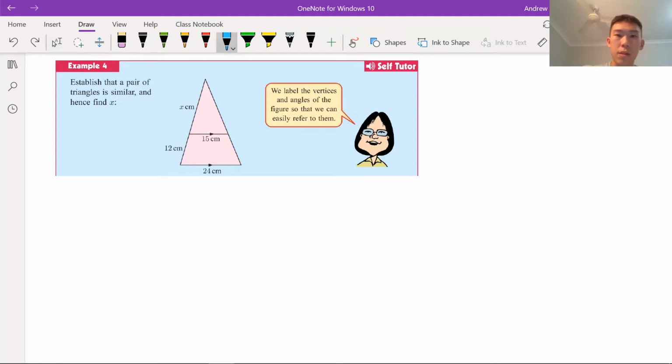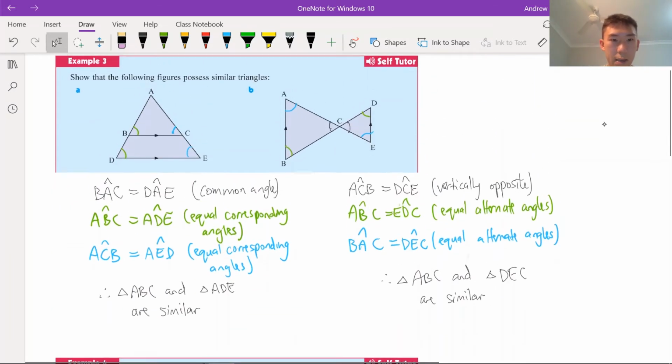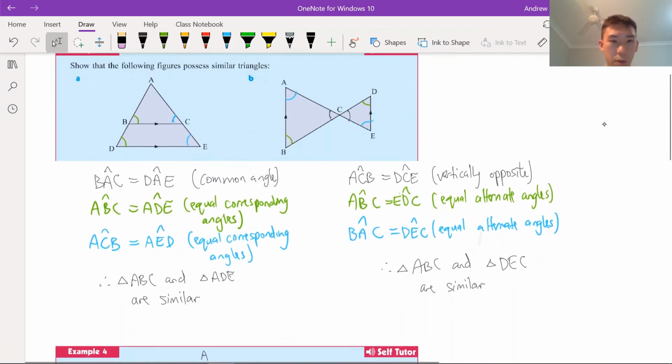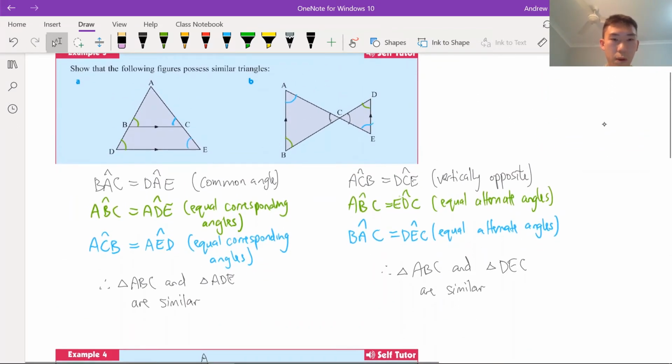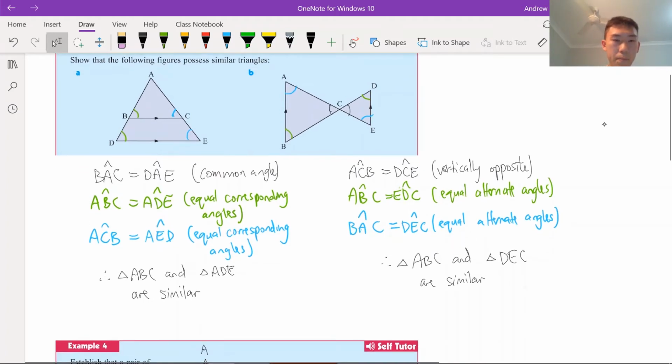Alright, so this little tip here is really useful. I'm going to label this ABC. So first thing I'm going to point out is that this proof of similarity is going to be exactly the same as part A in example 3.